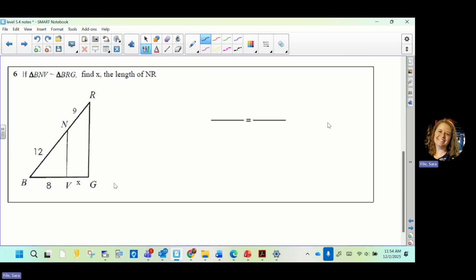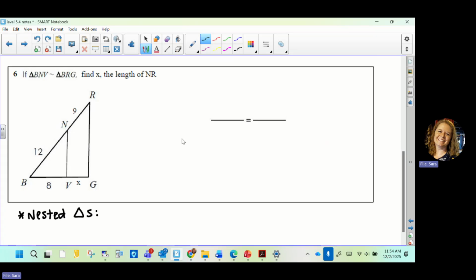All right, last but not least, you've got nested triangles. When you have a nested triangle, when I say nested, down here, it's one inside the other. So you've just got this extra line NV drawn, and it creates a smaller triangle, BNV, inside that larger triangle, BRG.